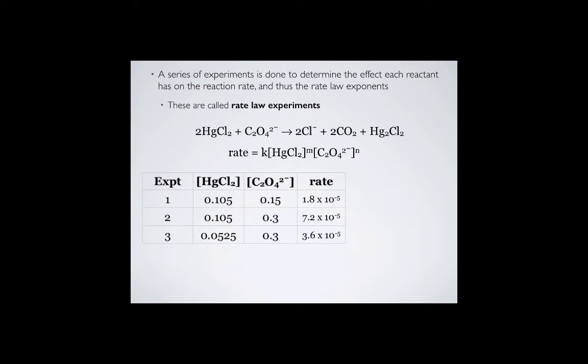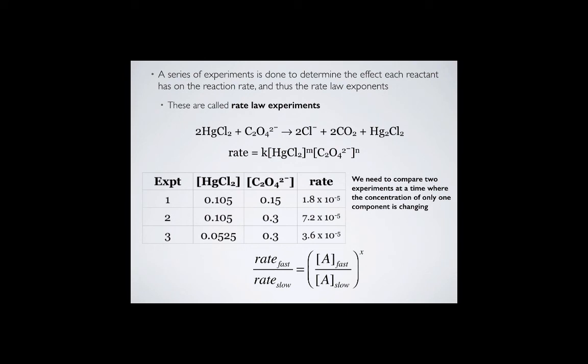Again, we see the rate change there. So we're always comparing two experiments at a time, to see what effect changing the concentration of only one reactant has on the rate.